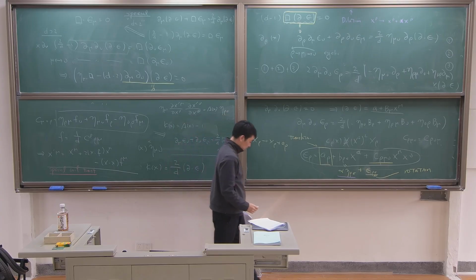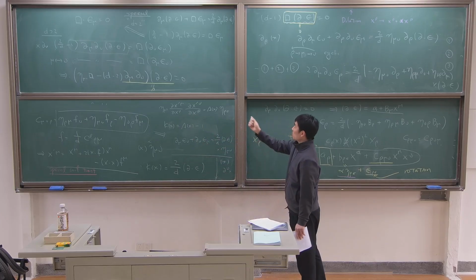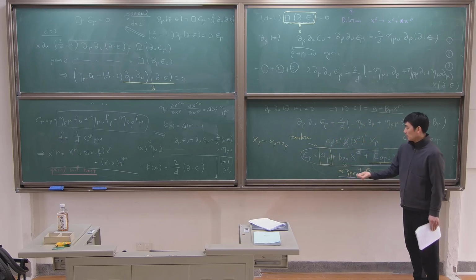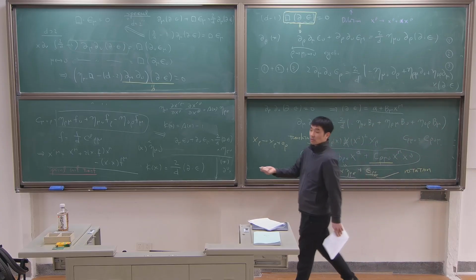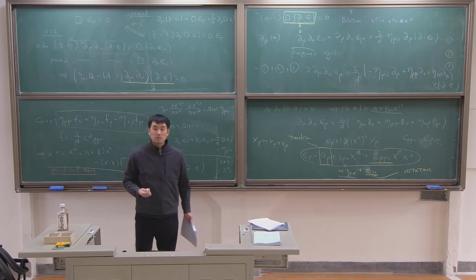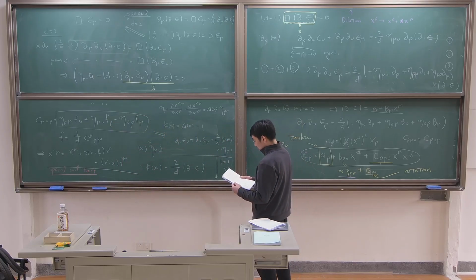From this equation, one can derive that x prime should be composed of translation, dilatation, rotation, and the special conformal transformation. That's what we did for this definition when d is greater than or equal to 2.